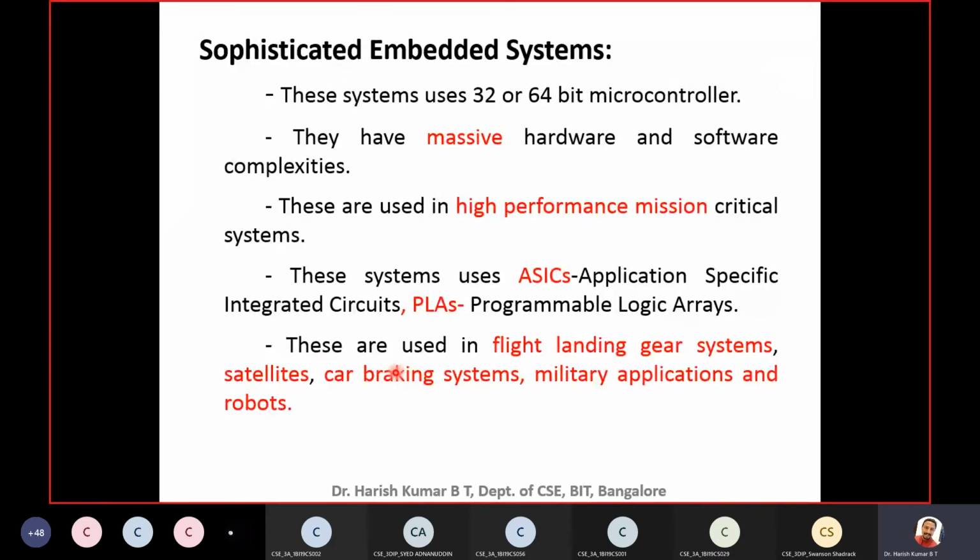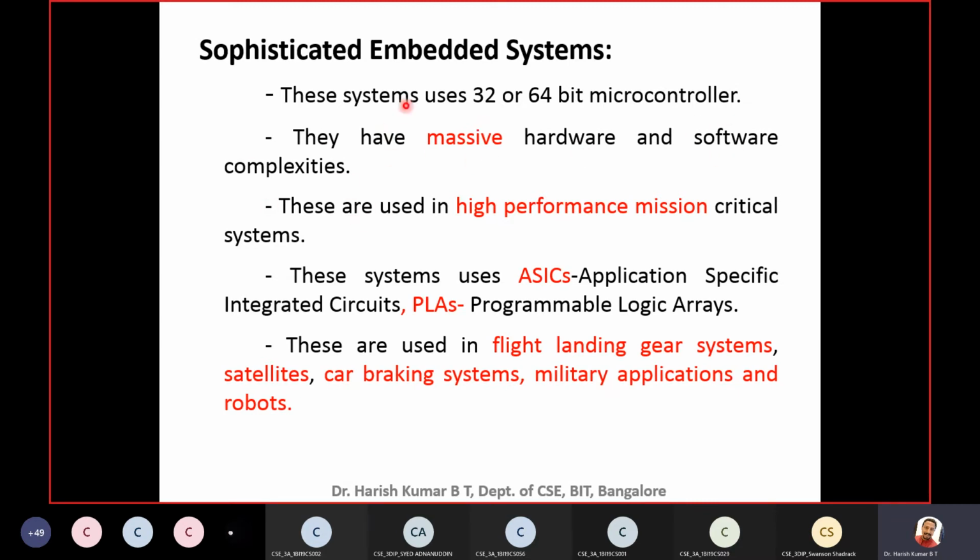Then sophisticated embedded systems use a 32 or 64-bit microcontroller. They have not just a moderate level but a massive hardware and software complexity. Why do we say massive? Because all the hardware components used here are sophisticated components with greater capabilities, and similarly the software.